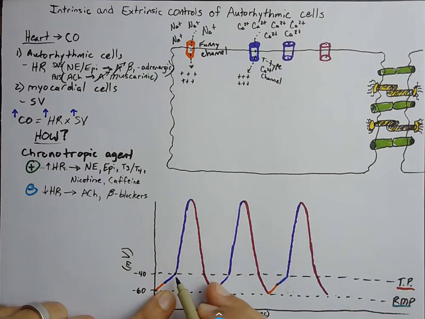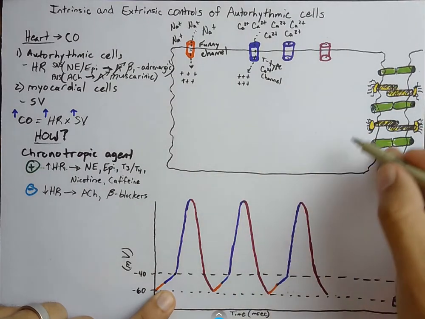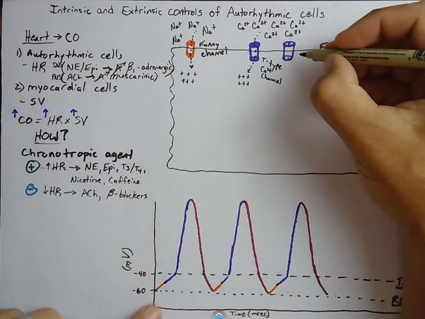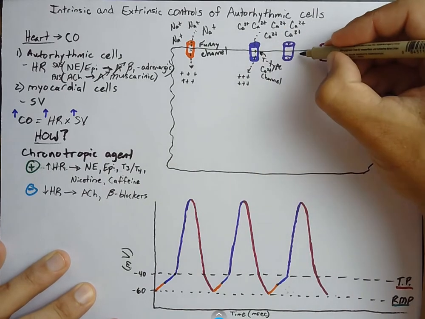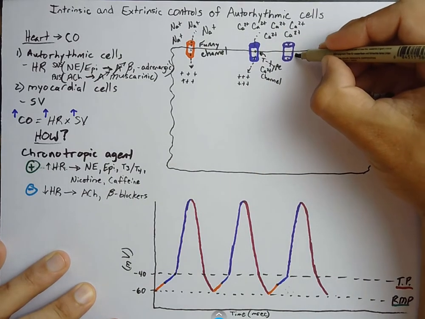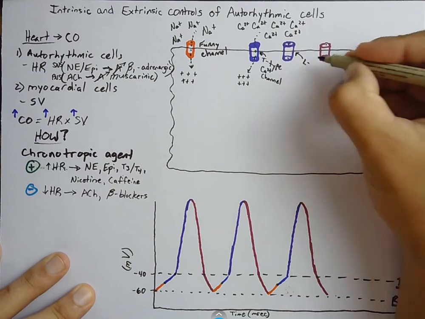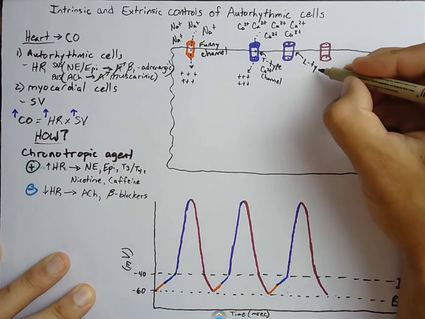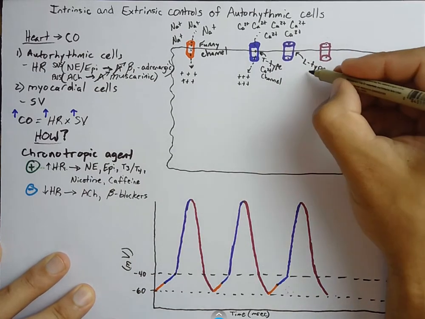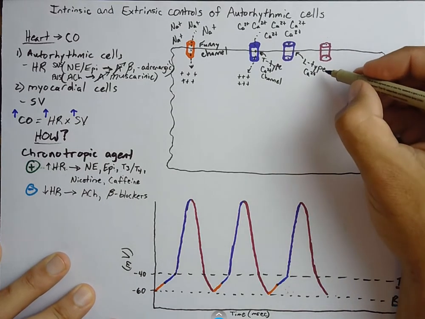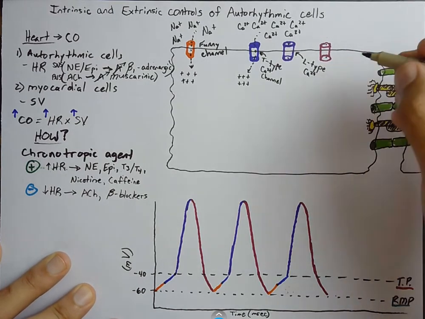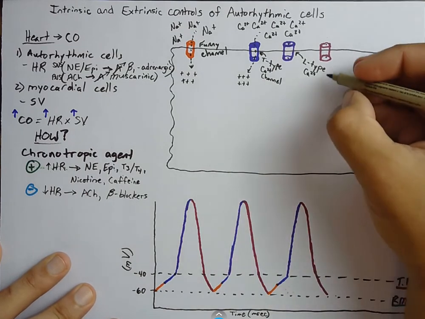Well, threshold, remember, this is the energy required to open up a voltage-gated channel. Well, what voltage-gated channel do we find on the membrane of an autorhythmic cell? And the answer is, let me make sure I put an arrow so you guys can distinguish these. The answer is an L-type, or long-lasting type, an L-type calcium channel, one of the most important channels actually in a lot of systems, including the digestive system.